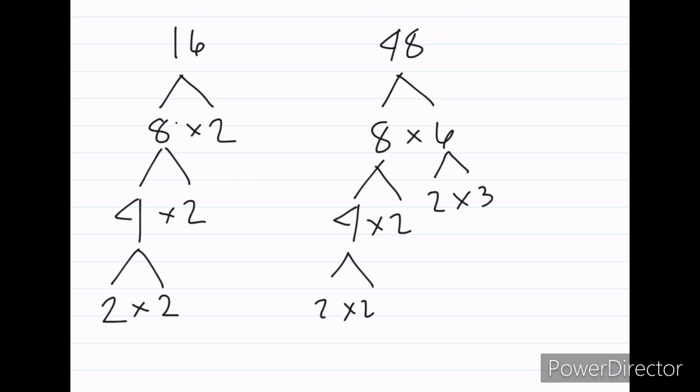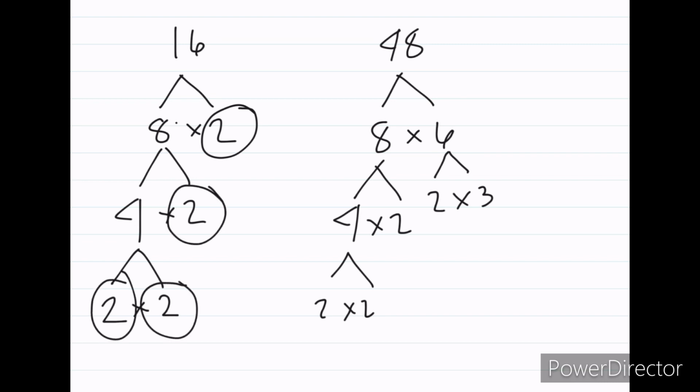And now, encircle the common factors. So these are the common factors: the 2s and the 3. And also here. So multiply, or get the product of those four common factors.